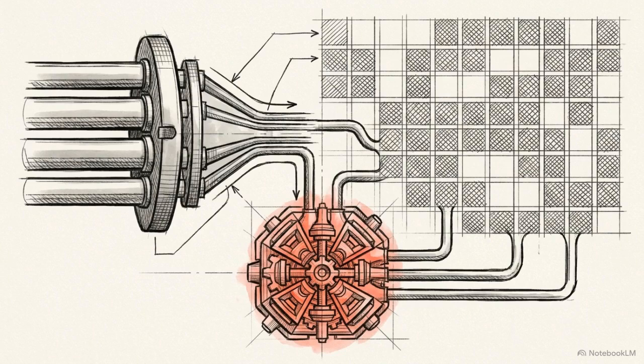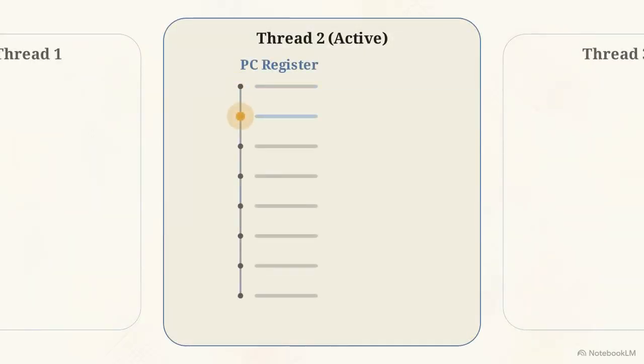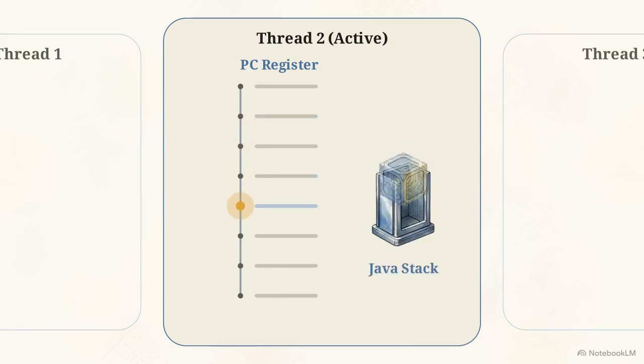remain performant. While the heap is shared, the JVM is heavily multi-threaded and requires isolated execution paths to track individual tasks. Each thread gets a program counter register tracking its current instruction and a private Java stack. Calling a method pushes a new stack frame containing local variables onto this stack. These frames are instantly popped and destroyed when the method returns.